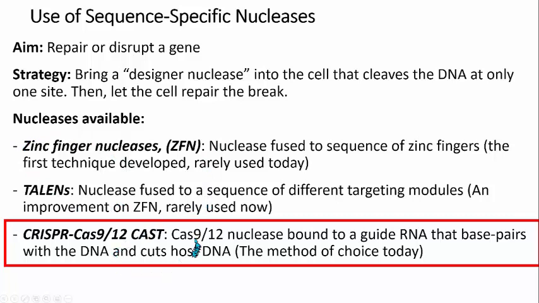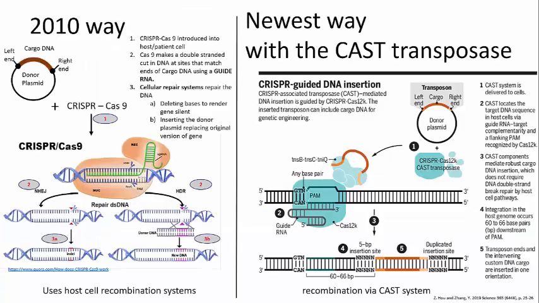What is used today is the CRISPR-Cas9 system that utilizes an endonuclease called Cas9 that relies on a guide RNA that directs the cutting to a very long, highly specific region of our genome. The beauty of CRISPR-Cas9 is that you have this very long sequence.